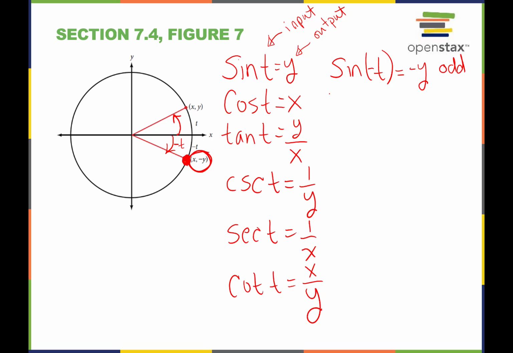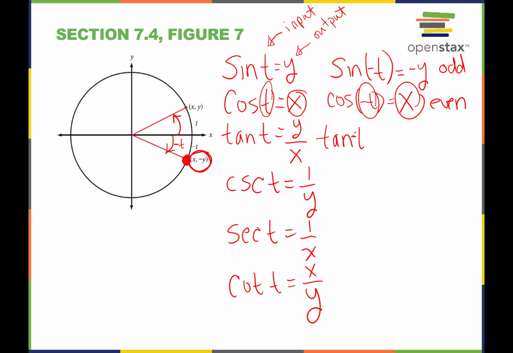Okay, let's test it for cosine. Cosine of my negative angle t is my x-coordinate, and my x-coordinate at -t, when it sweeps open, is x. So if I plug in +t or -t, my output stays the same. That tells me cosine is an even function. Let's test it for tangent.